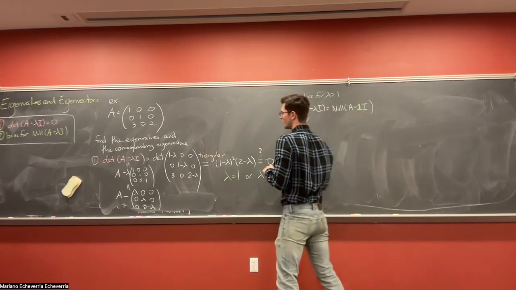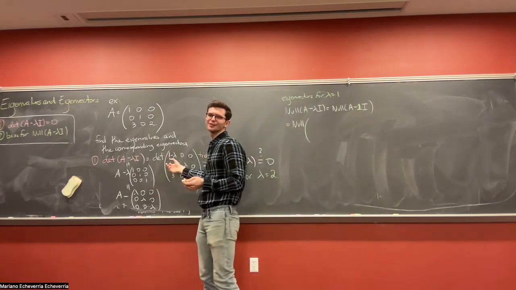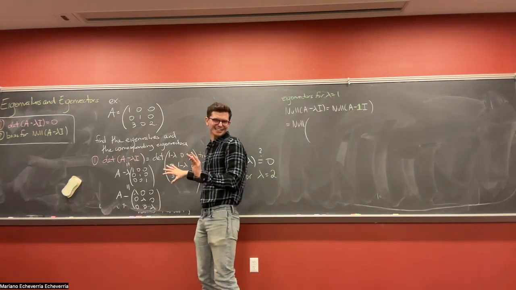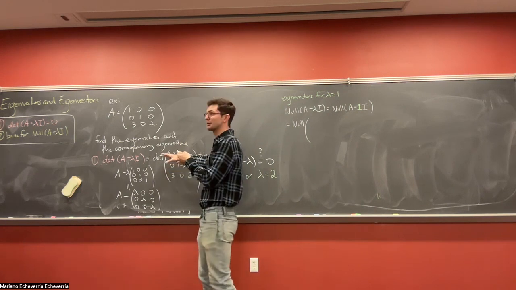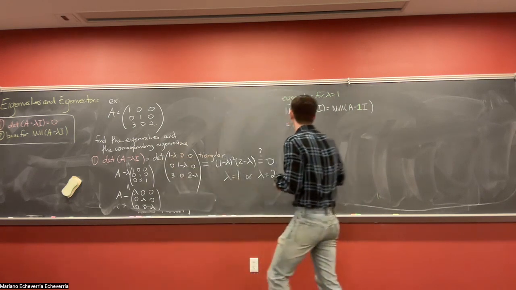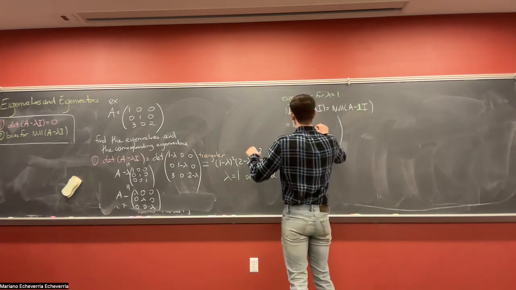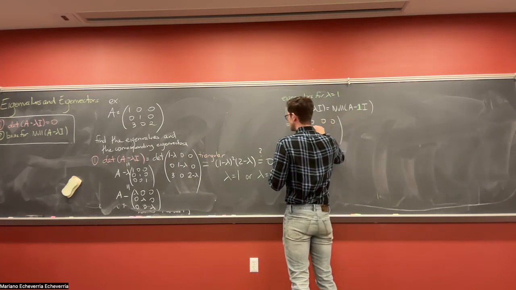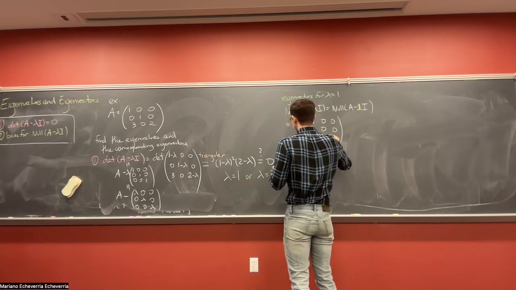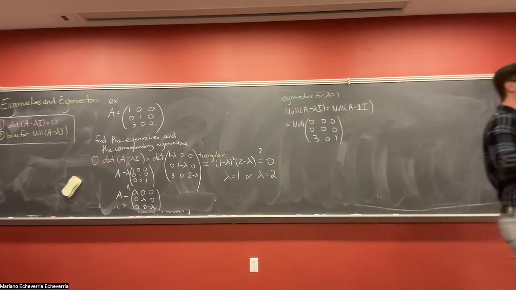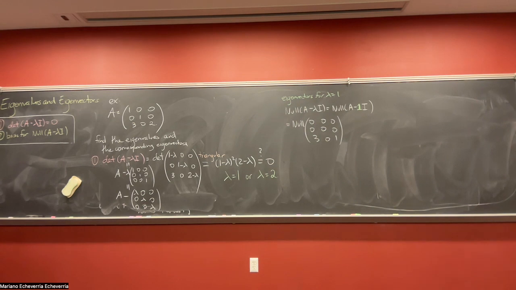So what is that? It's the same matrix that you have here, but now giving a particular value, lambda equals 1. So it's the null space of the matrix 0, 0, 0, 0, 0, 0, 3, 0, 1. Many times finding null spaces is pretty fast.